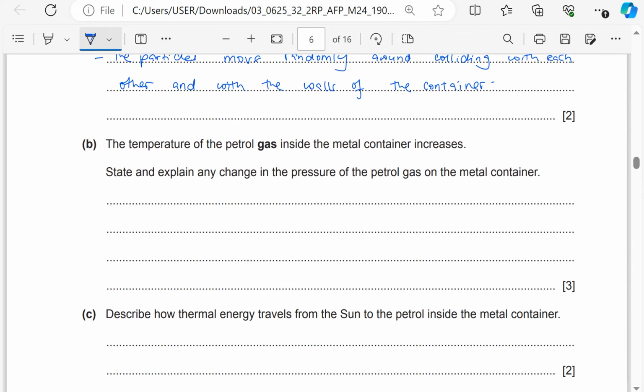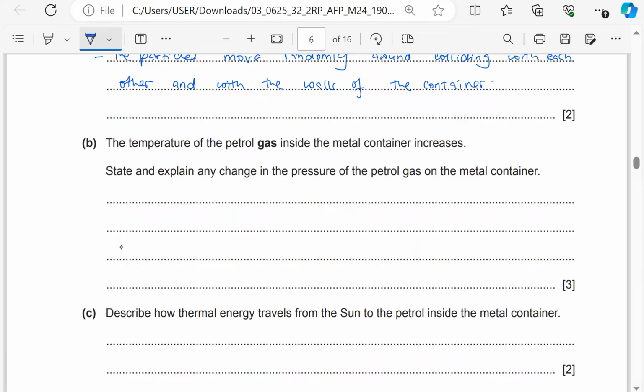Then the temperature of the petrol gas inside the container increases. State and explain any change in the pressure of the petrol gas on the metal container. Note that the temperature has increased. Of course, if temperature increases, the pressure increases.